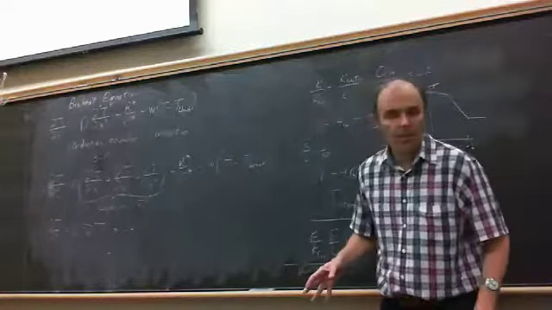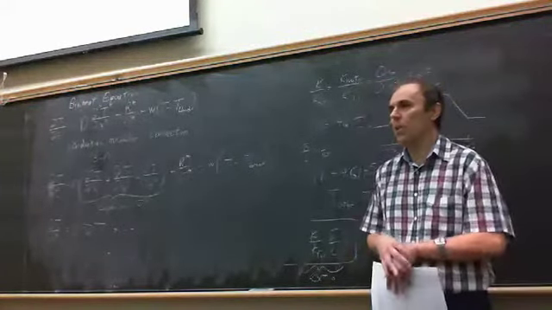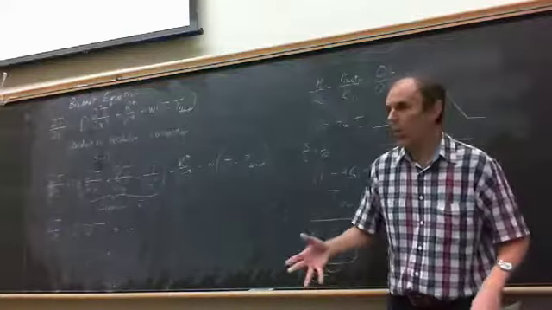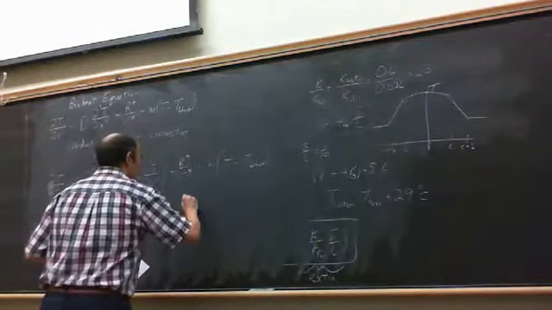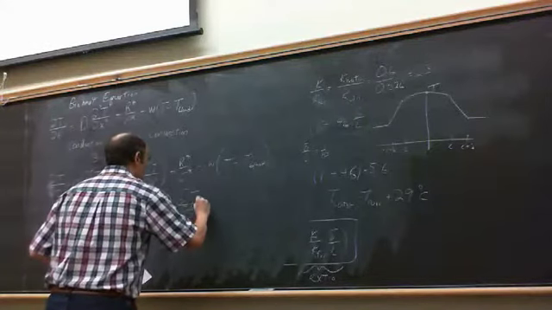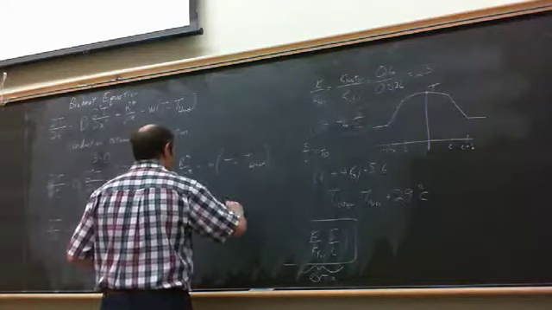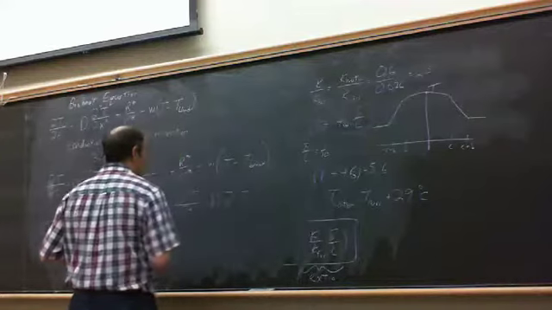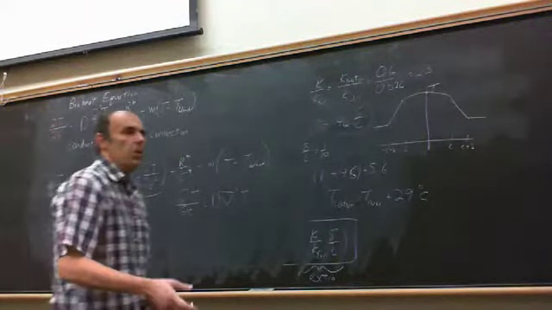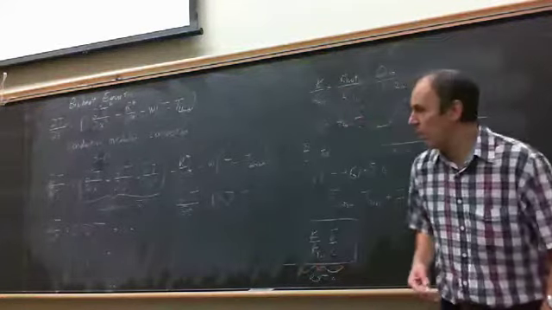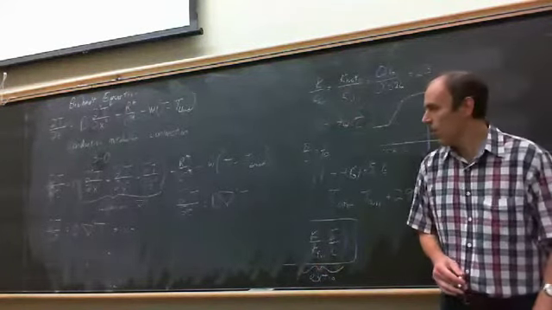Now, if this was not biological tissue, but this was just heat in a rock or in a piece of metal, this becomes dT/dt equals diffusion constant del squared T in 3 dimensions. This is really the 3-dimensional heat equation or diffusion equation when there's no sources.